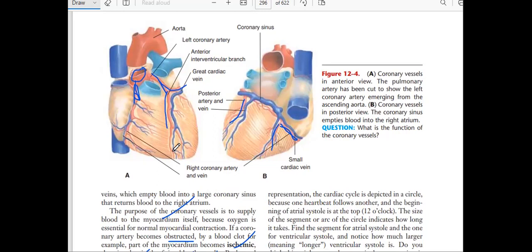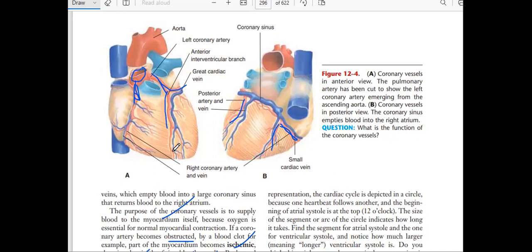First, the heart receives blood through the coronary arteries. So if the coronary arteries are obstructed, what will happen? The heart, or some part of the heart, may stop functioning. Then contraction and relaxation become very difficult for the heart.